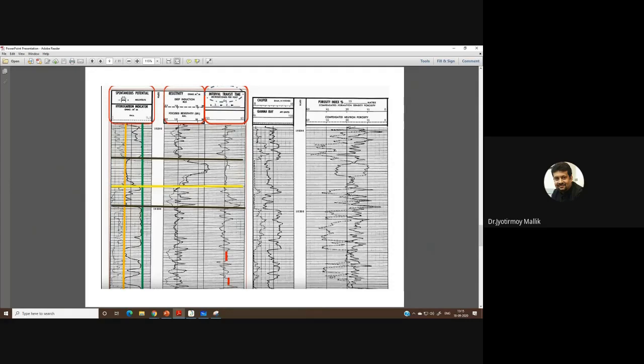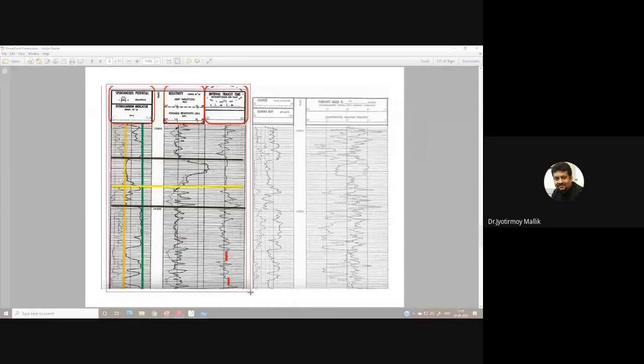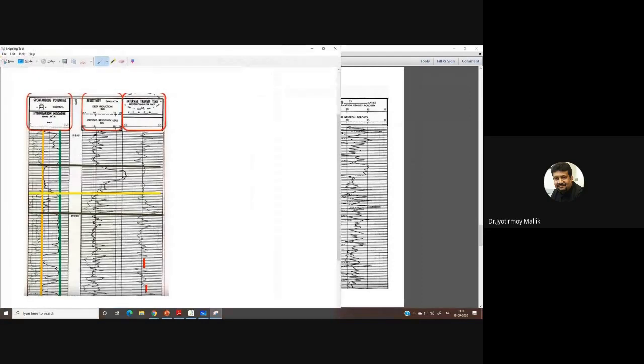So the idea is to look at my transit time curve here. Say I want to calculate my porosity at this point.